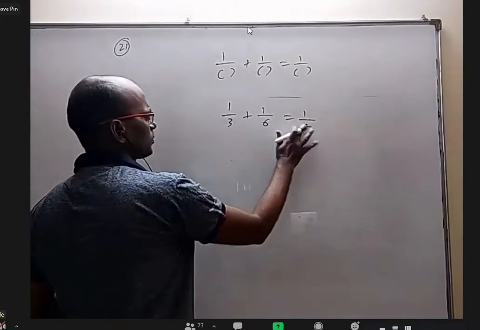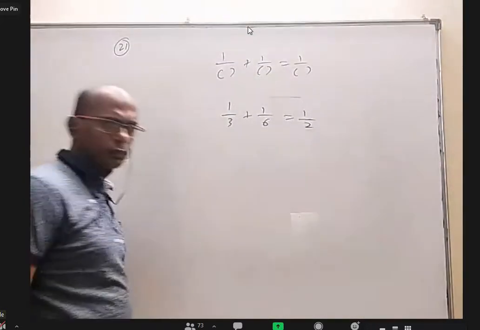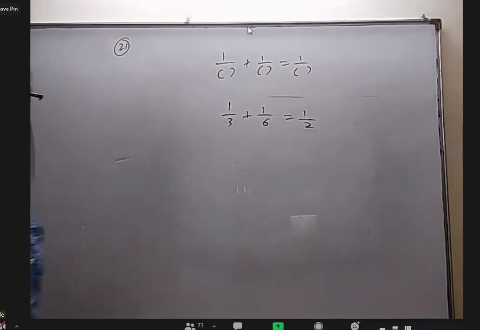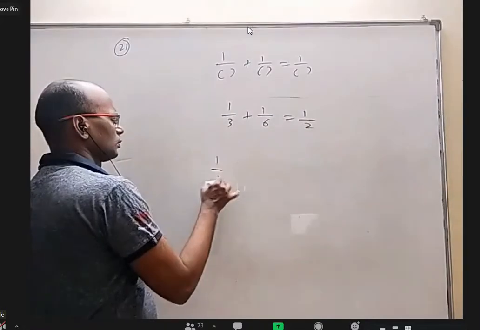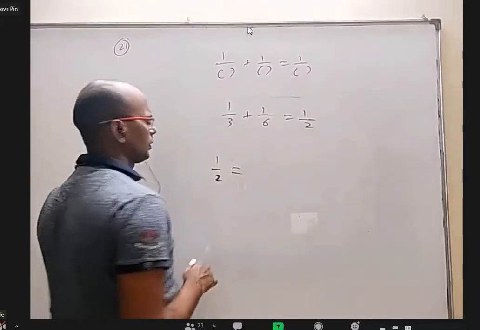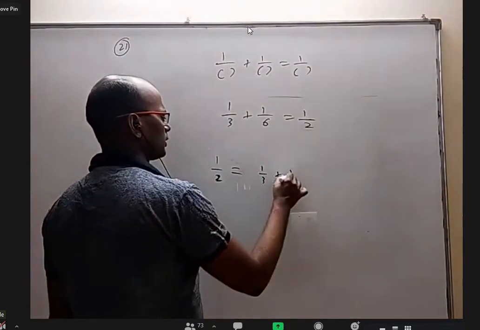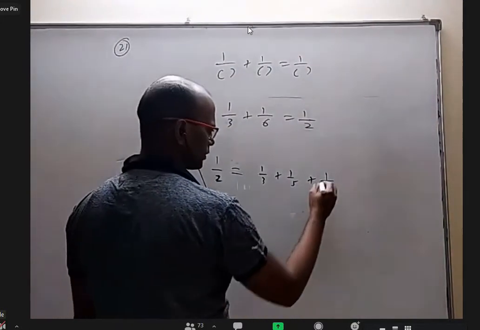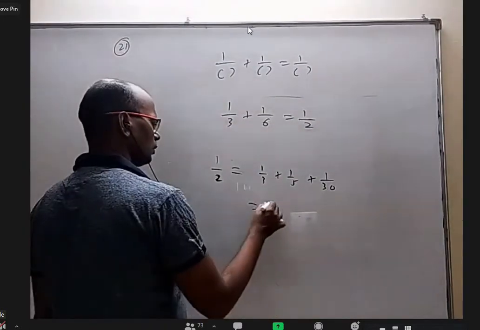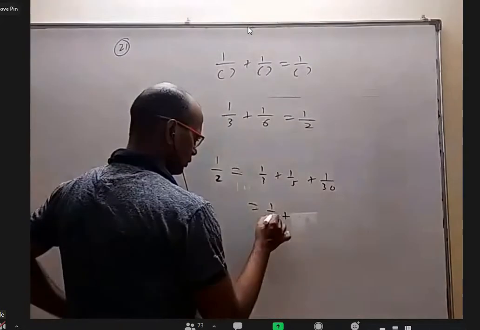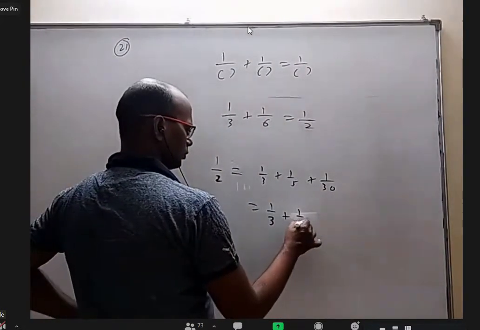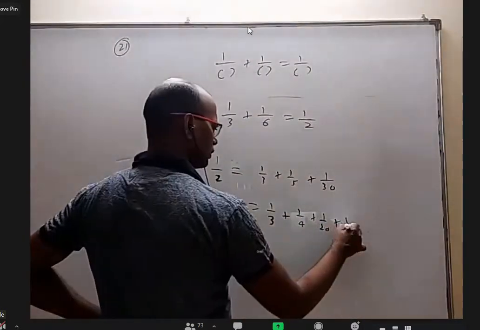What is 1 by 3 plus 1 by 6? It is 1 by 2. Sometimes you may find questions like this, that 1 by 2 is equal to some 1 by 3 plus 1 by 5 plus some 1 by 30. Or you may find 1 by 3 plus 1 by 4 plus 1 by 20 plus 1 by 30.